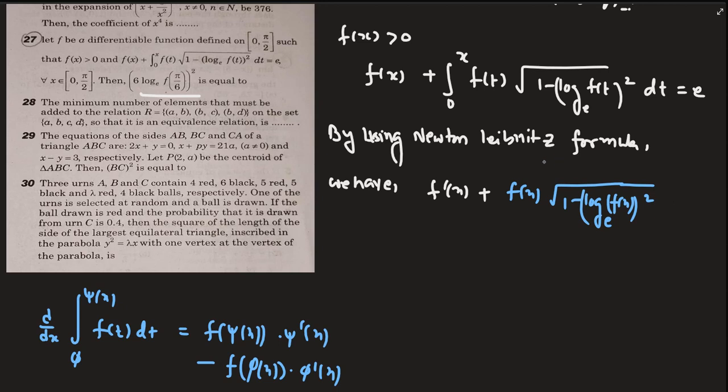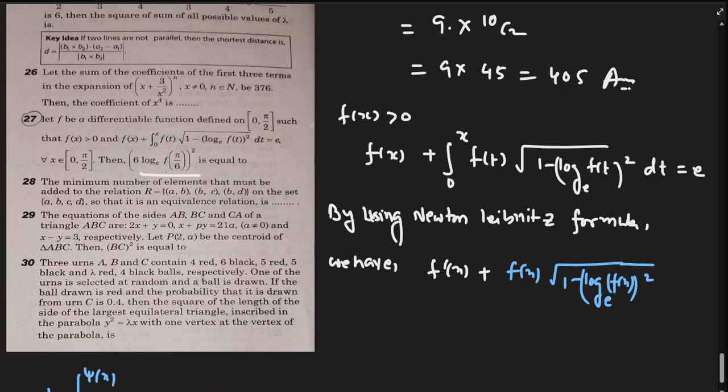And the value of the function at the lower limit will become 0 only, because f t you have to calculate at the lower limit. So when you calculate it, f x is 0, which we get from the initial conditions.